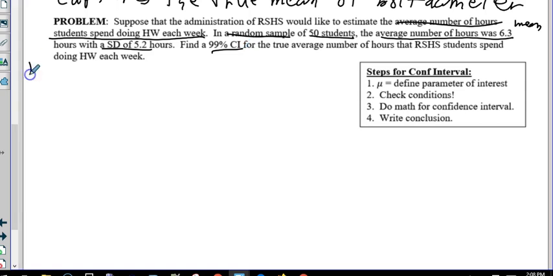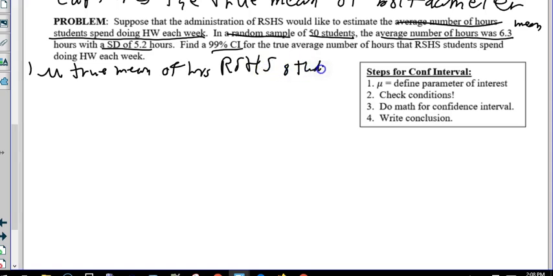Okay? So number 1. What is our funky U? It's the true mean of hours Rockwood Summit High School students spend on homework daily. Shorten it a couple words. Okay?